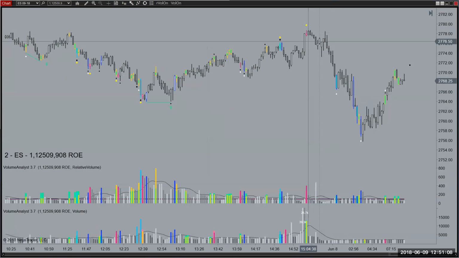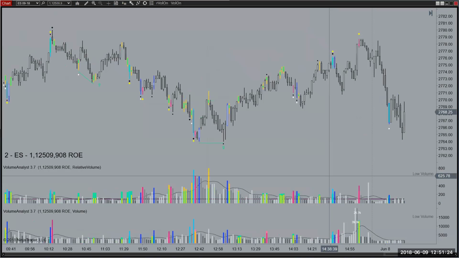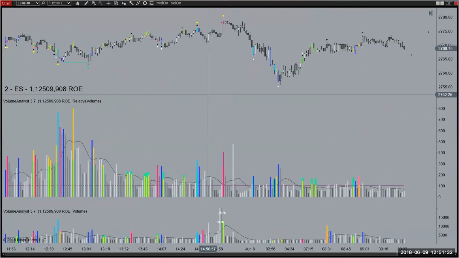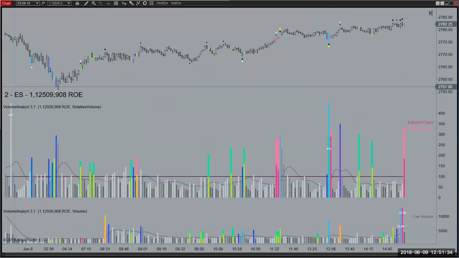In this case, it was exceptionally high, 4 times. And really just a small difference in volume from one bar to the next is significant. So that's a very high volume close there, which coincided with the turn down, you see?